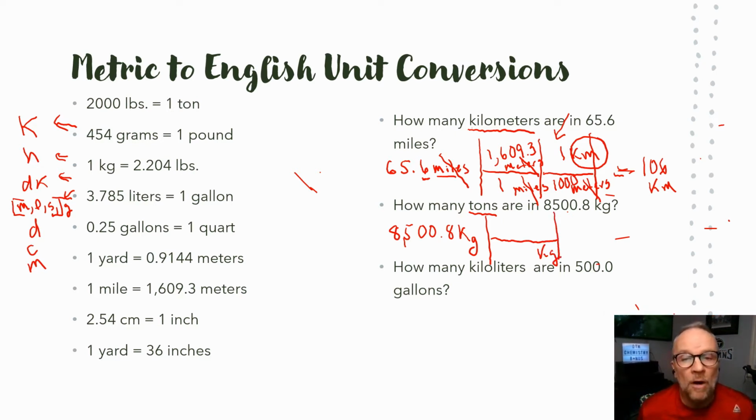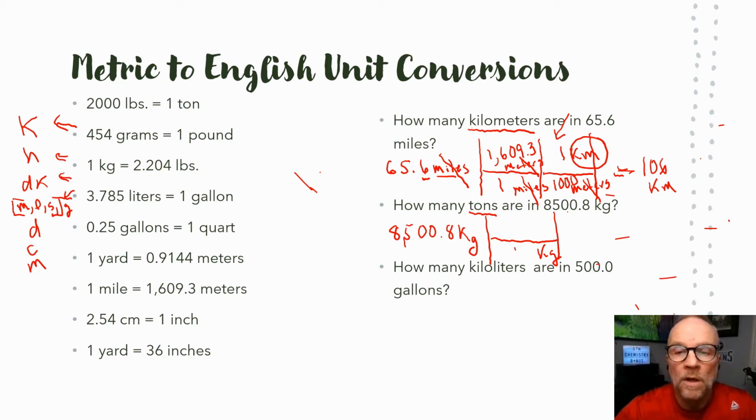If we look over at our conversion factors here, what English unit can we change it to? Scanning through here, looking for kilograms, kilograms to pounds. All right, very good. So let's change it to pounds.